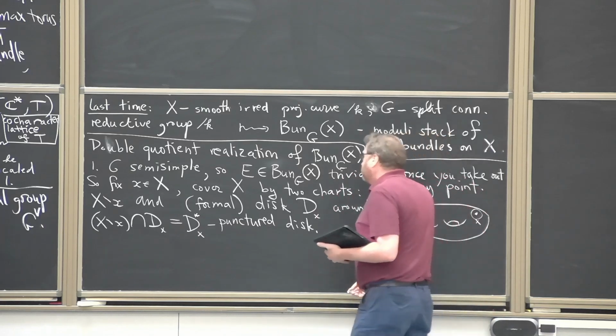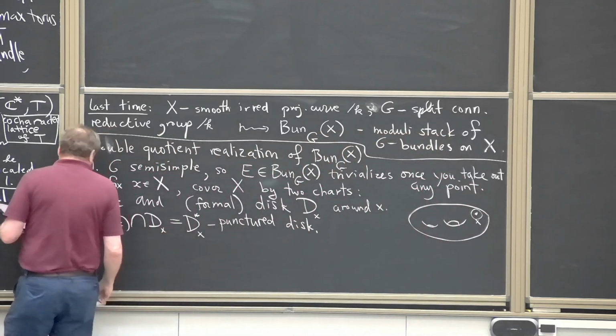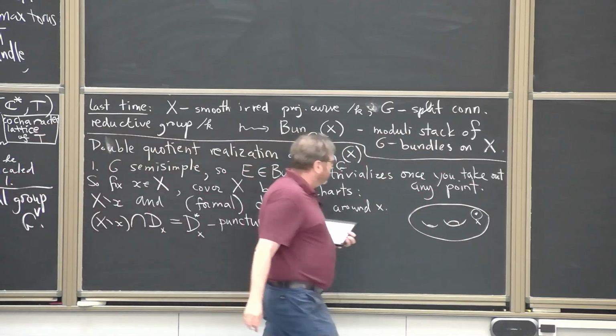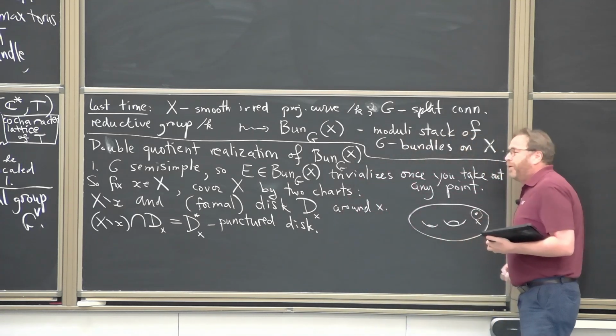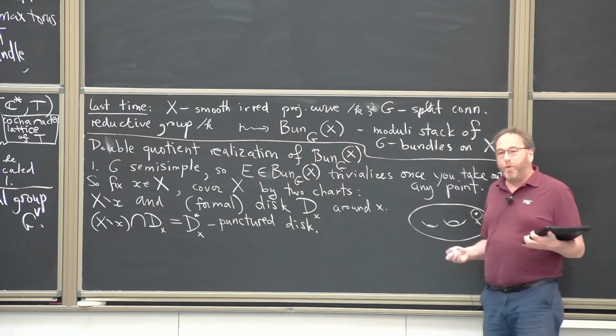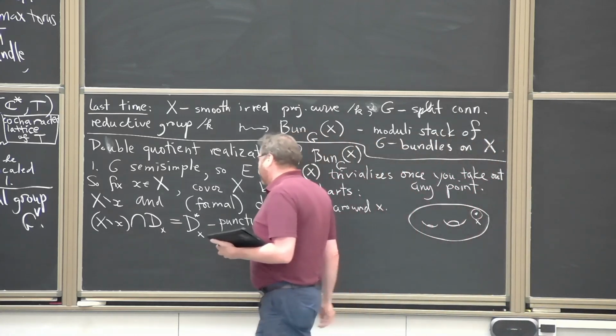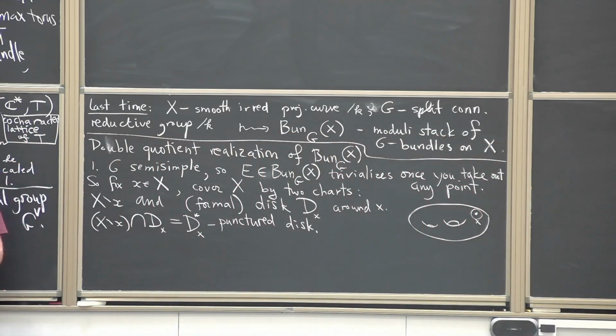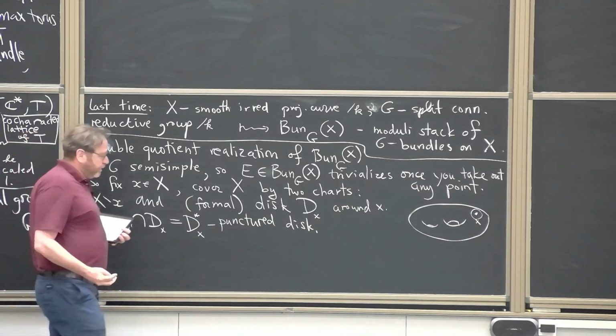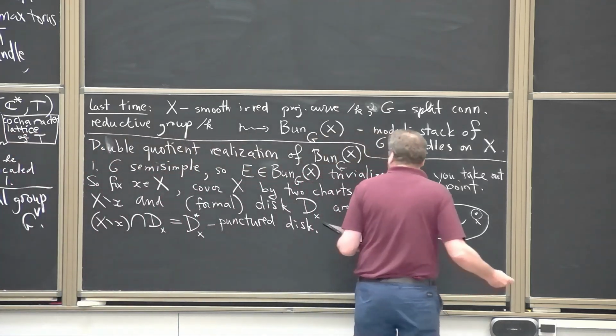But again, if this disk is formal, it has only one closed point, which is this point, and you deleted it, so it sounds like you get an empty set. Well, you don't get an empty set because you should talk about it in the language of algebraic geometry, which is the language of rings of functions.